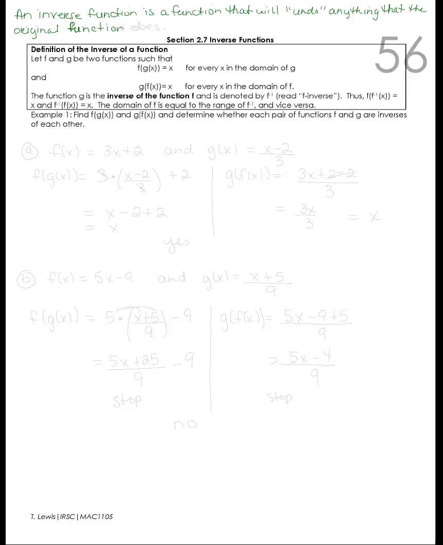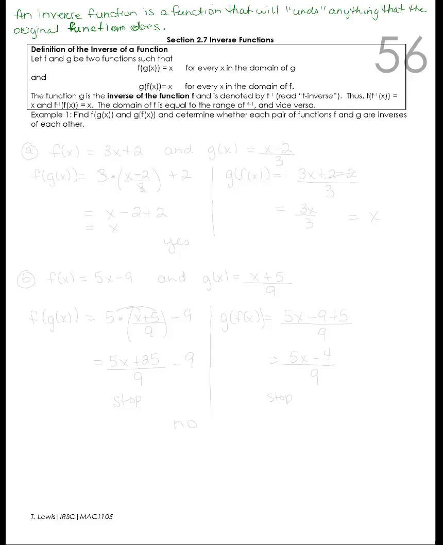Okay, here again, an inverse function is a function that will undo anything that the original function does. Okay. All right, so we have an example.